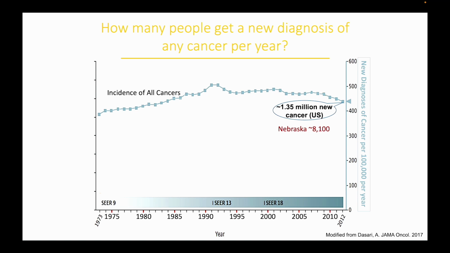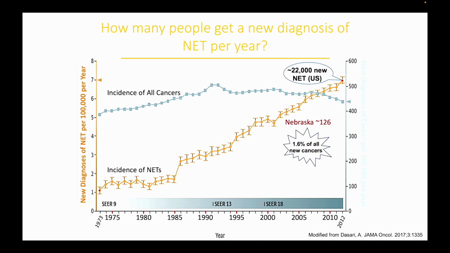You see that cancers have been fairly stable, maybe even falling over the last decade or two, perhaps less cigarette smoking, other things. This, however, is what's happened to neuroendocrine tumors. It's a different scale here, so it goes from 1 person in 100,000 in the 1970s to 7 people in 100,000 in the 2010s.